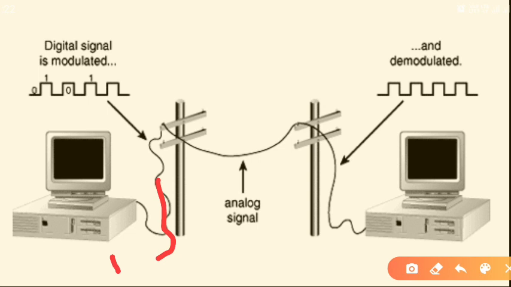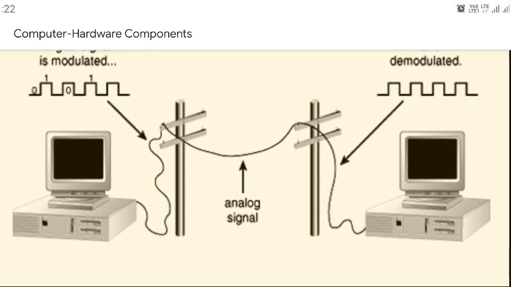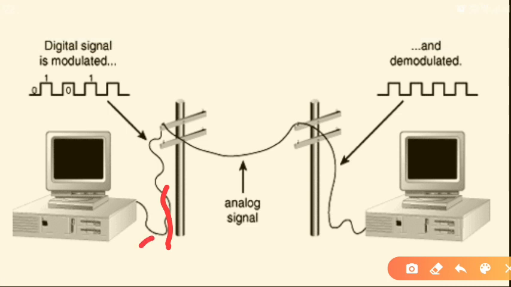It is connected to a telephone. This wire goes into a telephone. So I'll draw a telephone, pardon my drawing. Suppose this is your telephone, and then from this telephone a wire goes into the modem, and then this is connected to your computer.